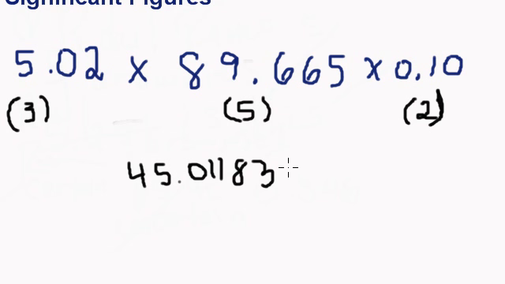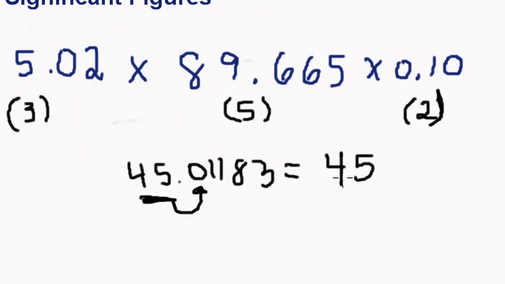Which means you need to look at the number right next to it and ask yourself, do we round up or do we round down? This is a 0, so you're just going to round down to 45. So 45 is the answer to this problem.